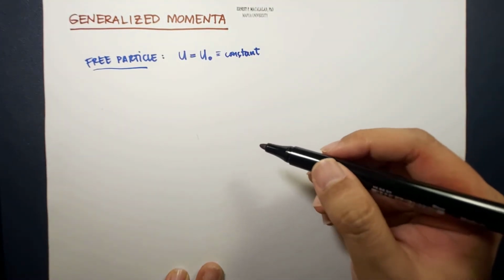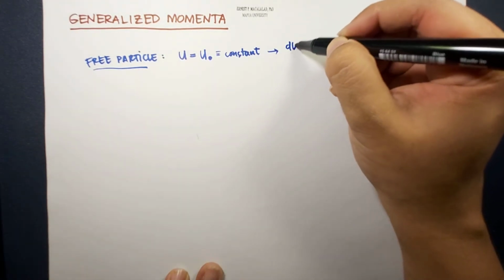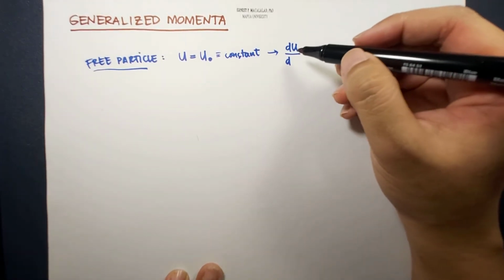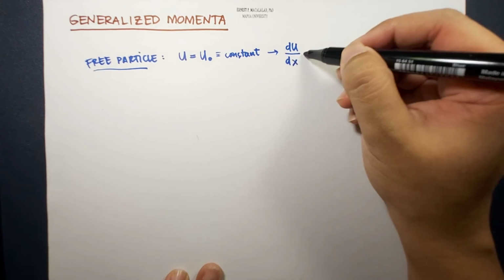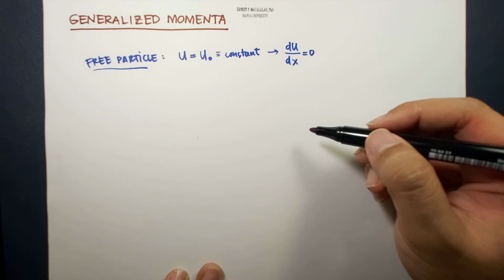But more importantly, this potential energy tells us that the derivative of the potential energy with respect to position, let's say in the x direction, is equal to 0. So what does it mean?